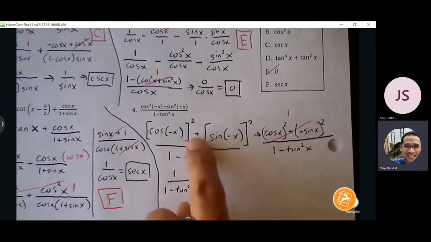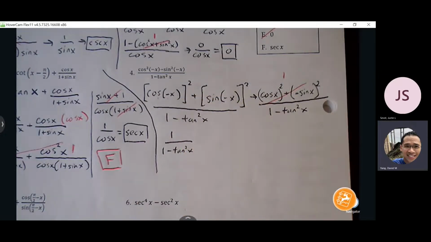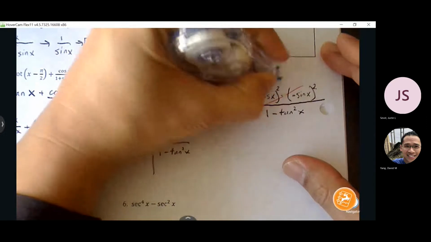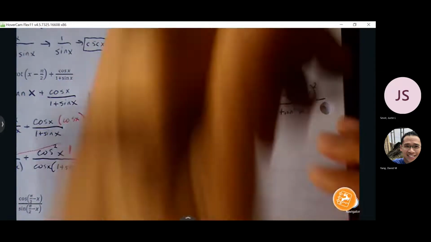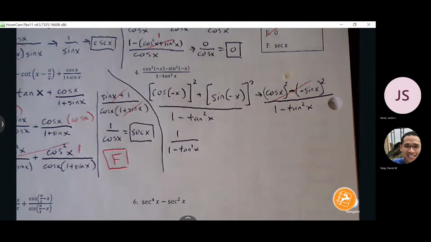Oops, sorry. This is a minus sign in between. Okay. Messed that up here. So it's not quite equal to 1. Let's see. Cosine squared minus sine squared. With that, let's see.